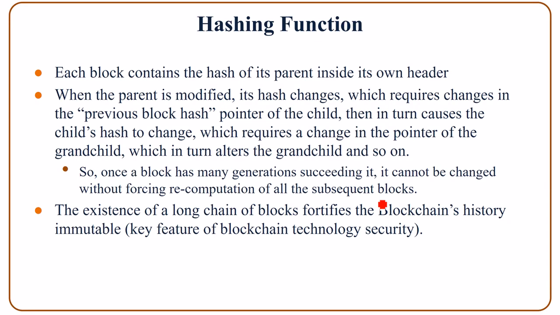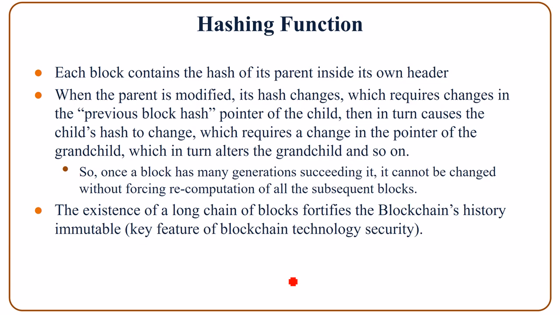In the blockchain, each block contains the hash of its parent in a header. The header of this block in its turn is hashed again, and the hash is stored in its child. And this process repeats again and again downstream. When the parent block is modified, the hash changes.